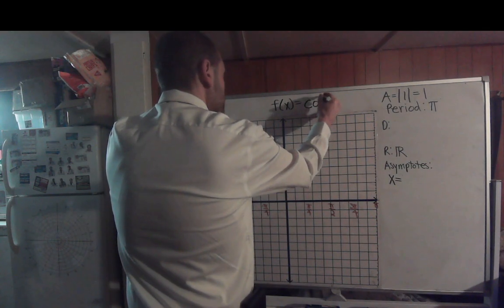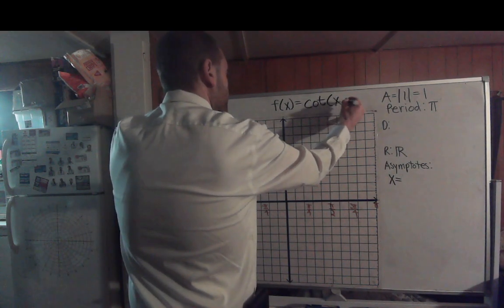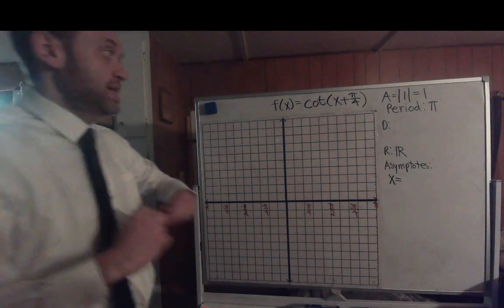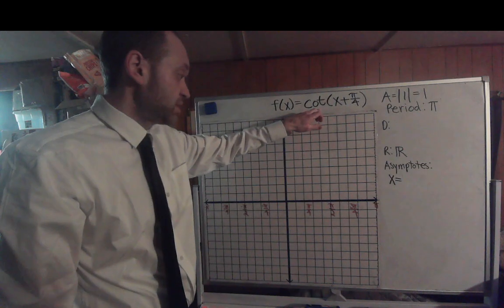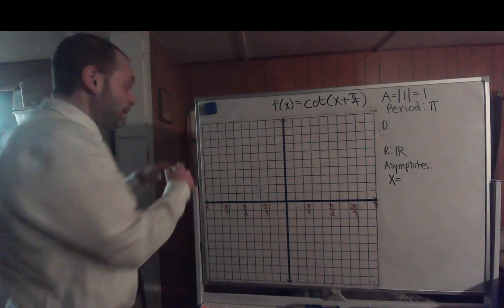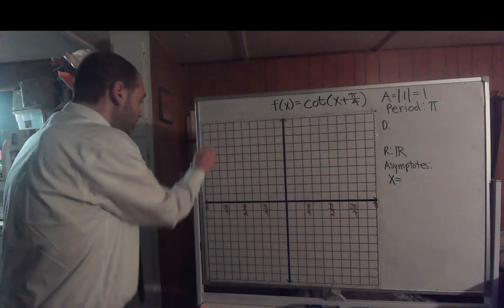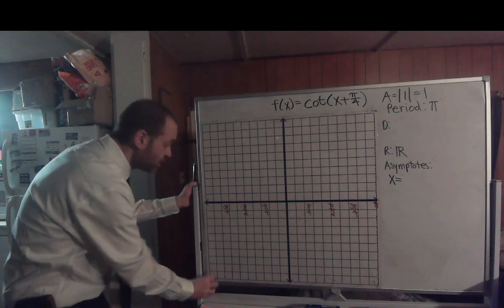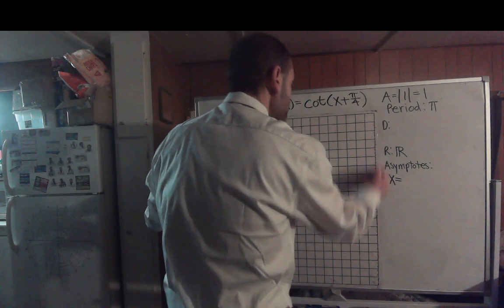So let's say we have the cotangent of the quantity x plus pi over 4. So now we have a quantity inside the cotangent. Well, I could probably at least get rid of those asymptote markers, because the reason I'm saying that is this will affect our domain.